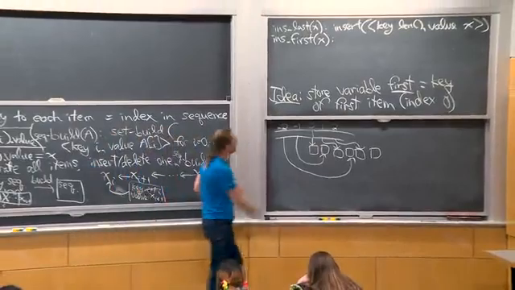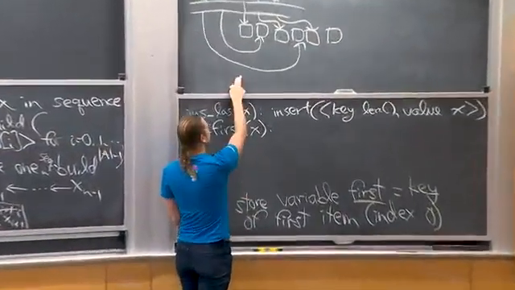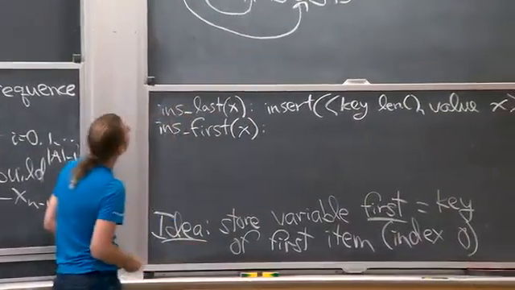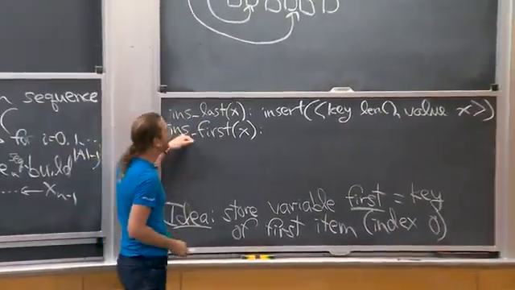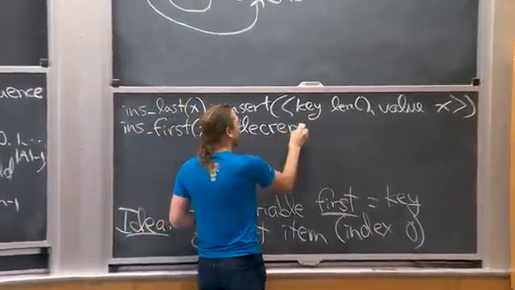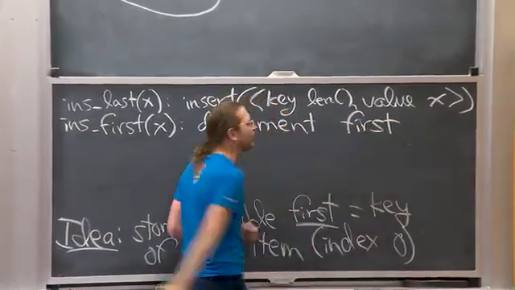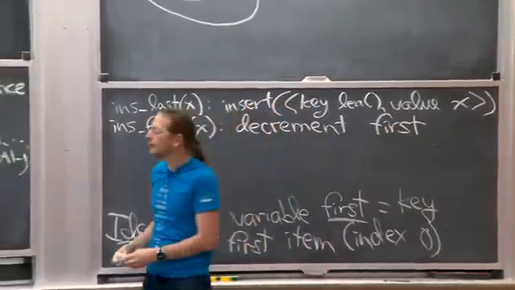Okay, so now I allow negative things. And so great, if I want to insert at the beginning, what I can do is just decrement my first variable, which is keeping track of the index. So initially, first is going to be 0.